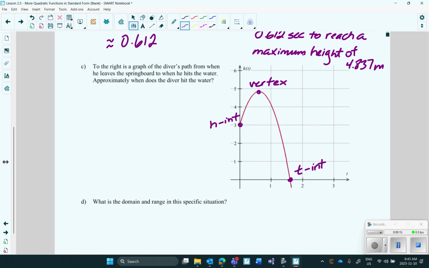And so answering the question here, approximately how long did it take the diver to hit the water after starting? What is this approximately along the t-axis? 1.6, sure. Yeah, that's fine.